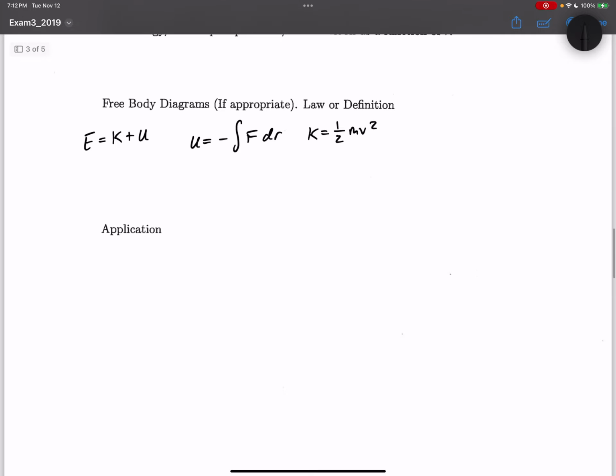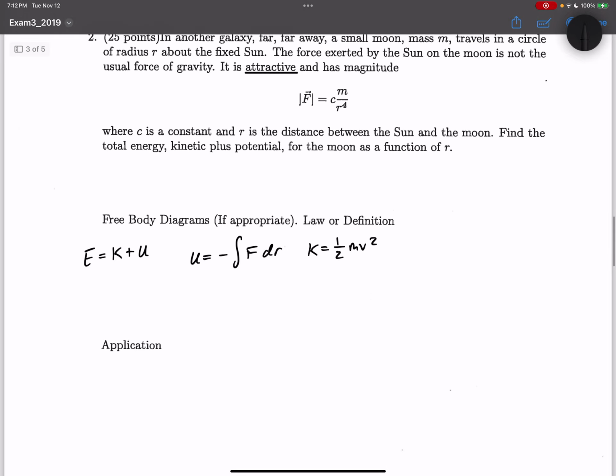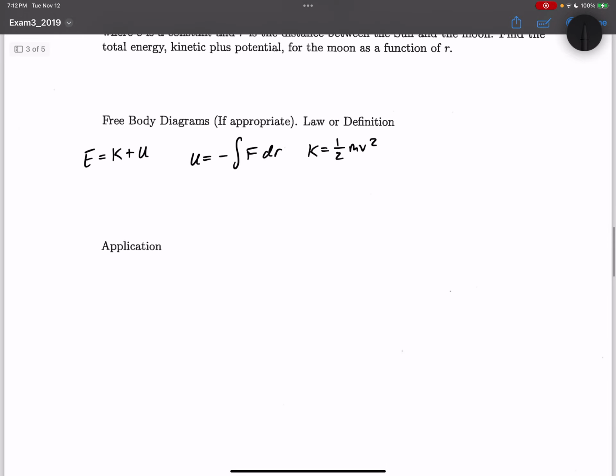What we want to do first is, well, actually, let's think about this. So we have our sun here, and we have this moon going around it, and it's being drawn in by this force.